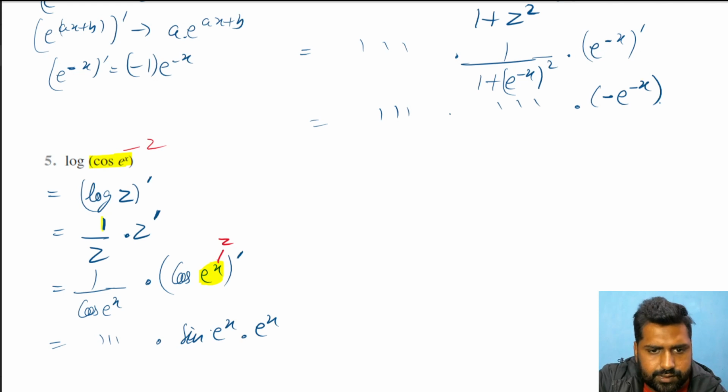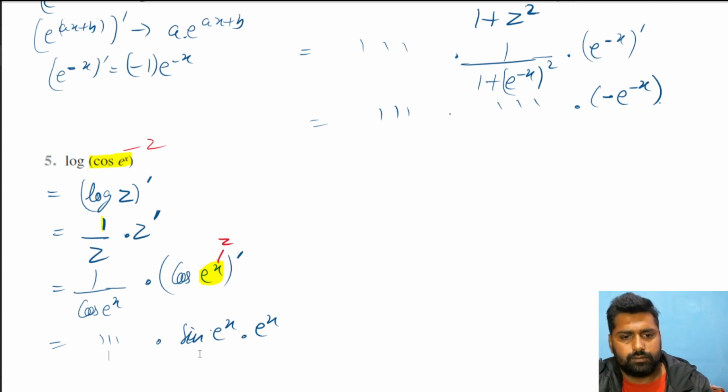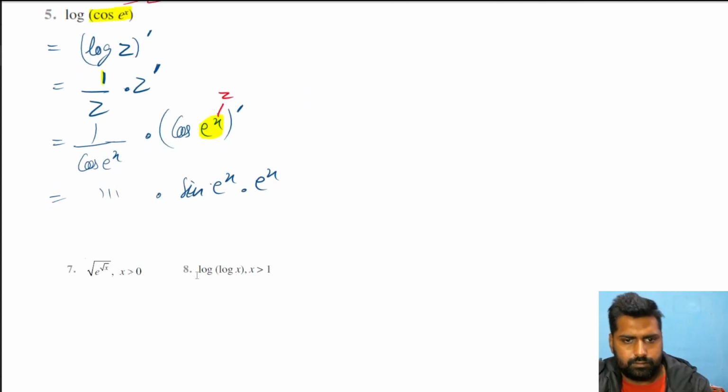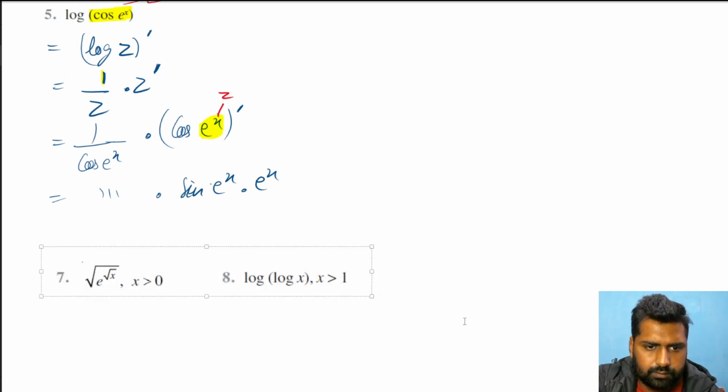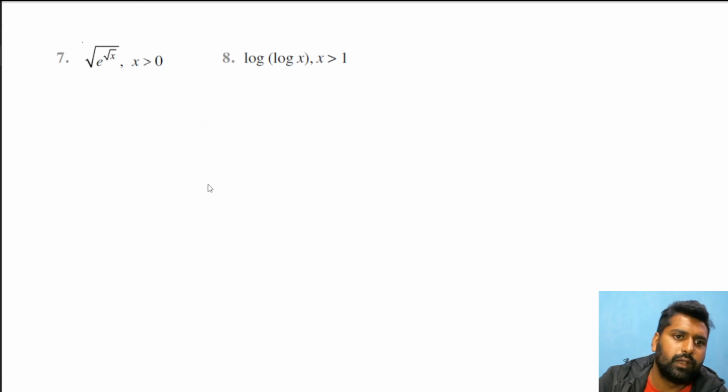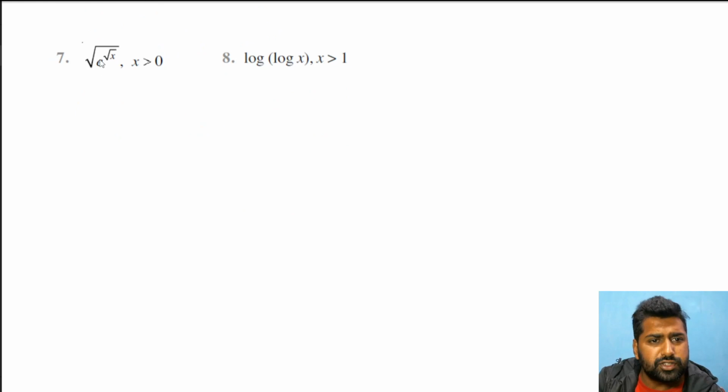Okay, next let's see. Okay, look at this. These two questions are okay. Let's look at this. Okay, so square root, e raised to power square root.